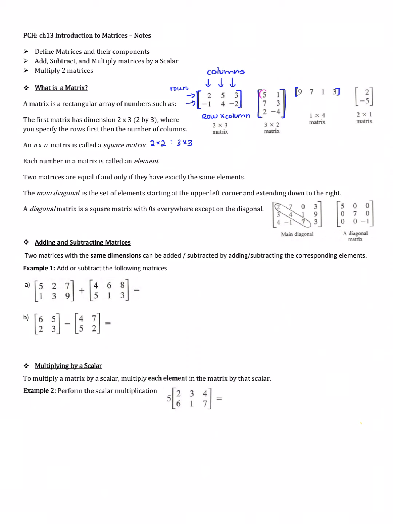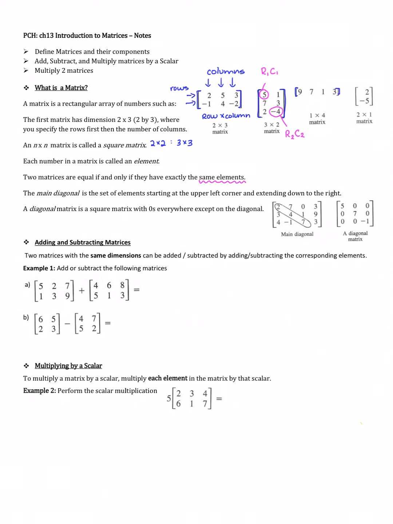For instance, this 5 right here is in row 1, column 1, and that's how we would represent that element. -4 right here is in row 2, column 2, etc. Two matrices are equal if and only if they have exactly the same elements in the same positions.